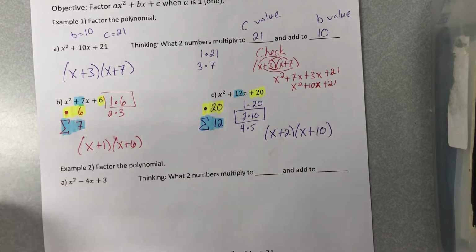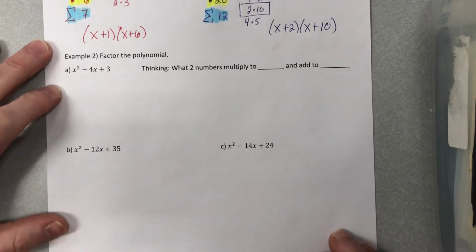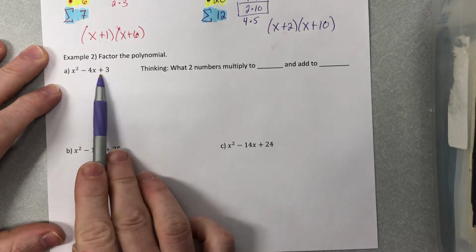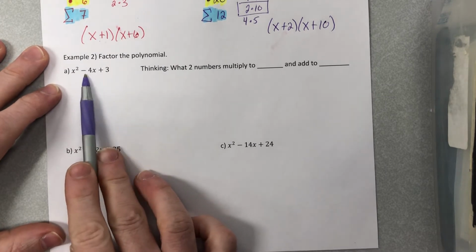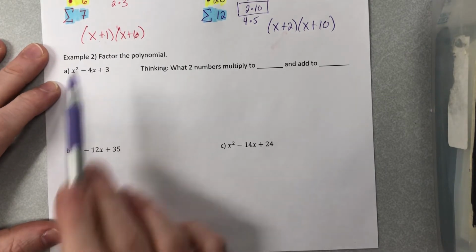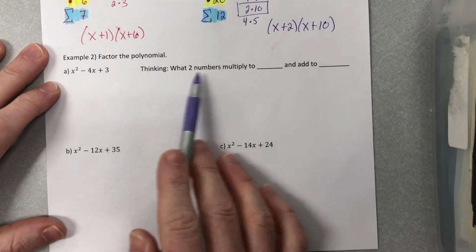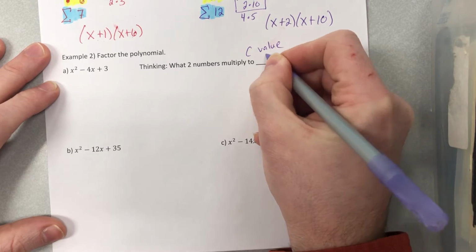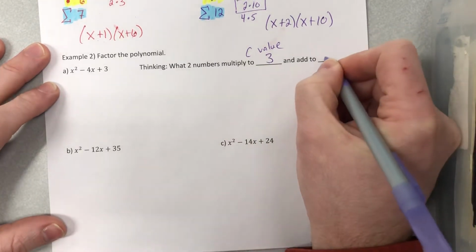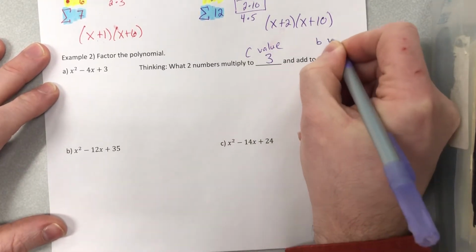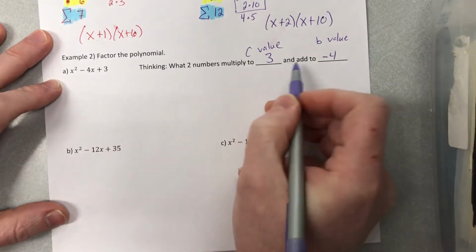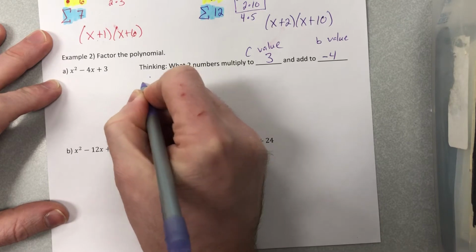Okay? All right. If we move on to example 2, we're still going to factor here, but please notice the last sign's a positive, but our middle sign here is a negative. So the same thing. What two numbers multiply to our c value, which is 3, but add to negative 4, which is our b value? What multiplies to 3?